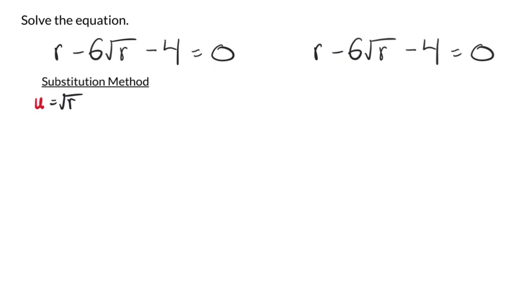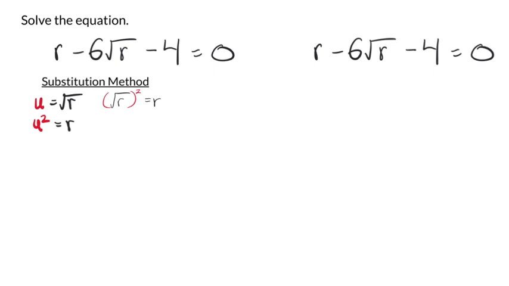And so if we were to square that, u squared, we would square the other side, the square root of r, which is just a regular r. The square root of r squared is just regular r because the square and the square root will undo each other. So that's kind of the work that I'm showing right there.